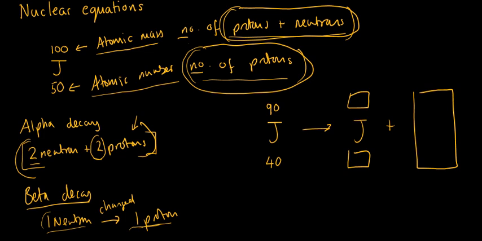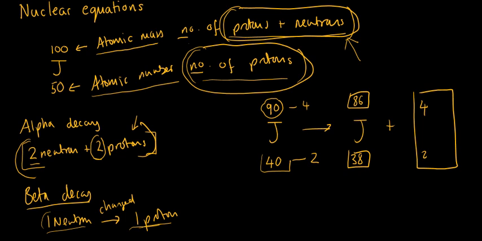Okay, so hopefully you've done that, and we're going to lose 4 from the top, as top number is the atomic mass, which is protons and neutrons, so that's going to be 86. 2 from the bottom, as that's our number of protons, of which we lost 2, 38, and then we're going to write down 4, 2 with our helium, or our alpha particle at the bottom, like so.